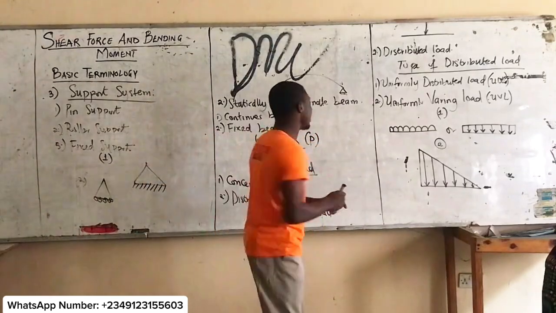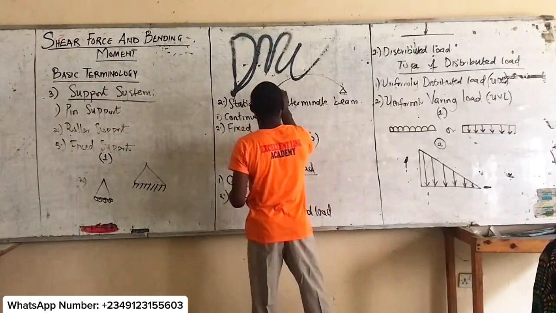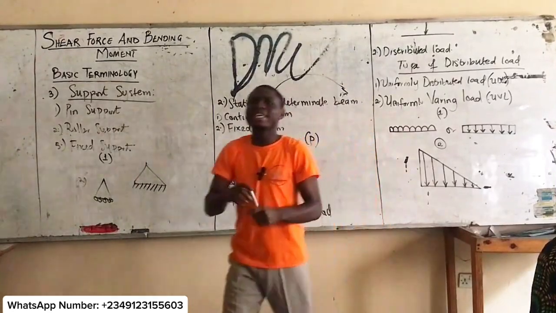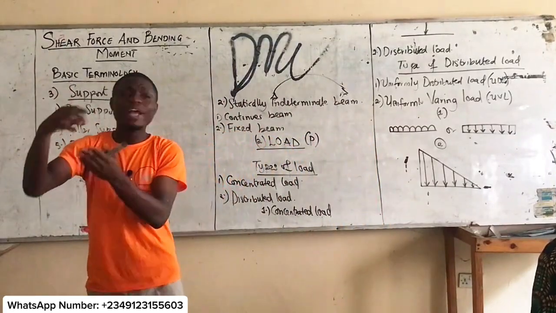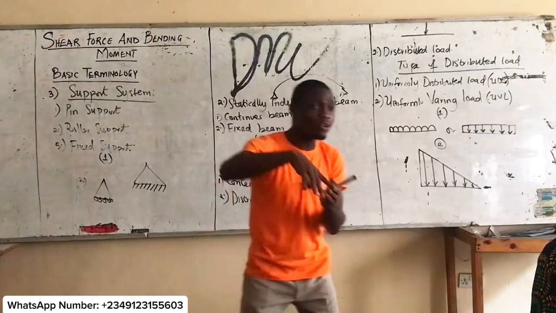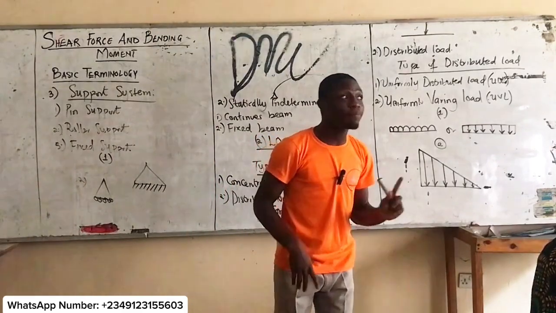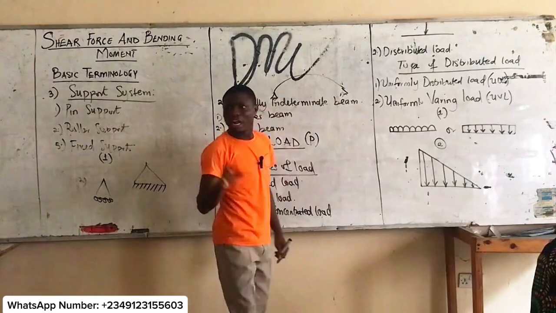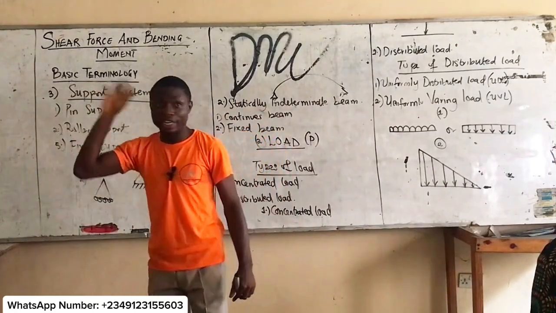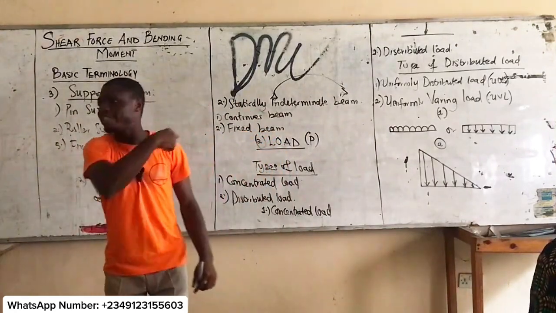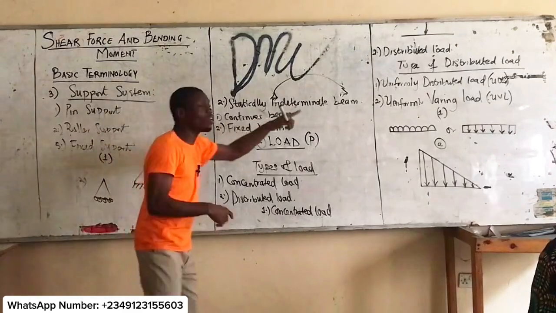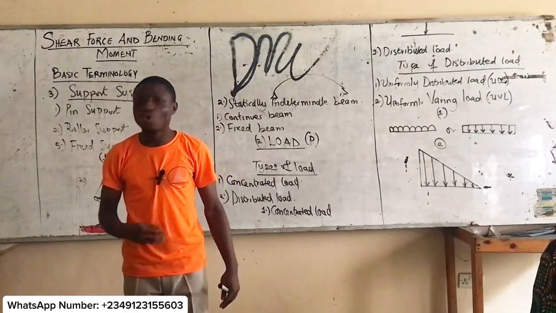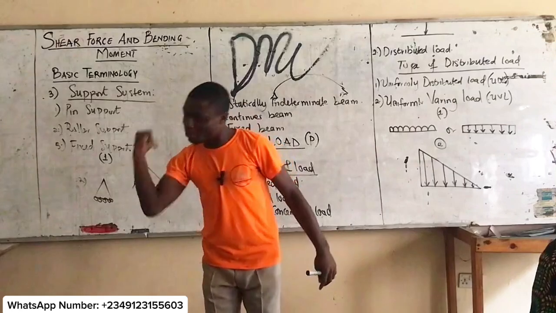If I put a pin support here, or perhaps call it fixed, I fix this place here. You know that in life, when heat is applied on any material, what happens to it? It will expand. Now if you put fixed here, do you know that it will want to expand? If it is not able to expand, all that happens, because I put fixed, is that it breaks. So what kind of support are you going to put there?